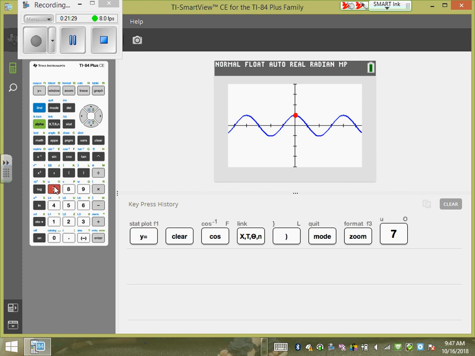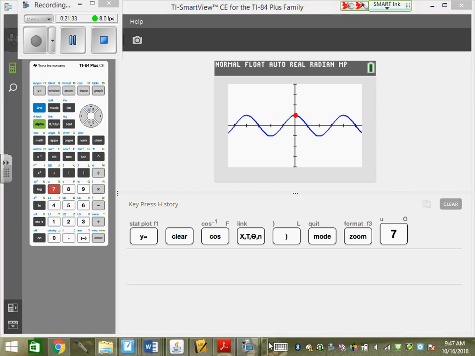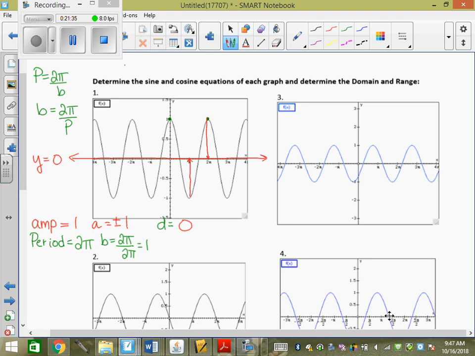So let's look at ours. Where is my maximum? It's on the y-axis. So for a greater than 0, my c value equals 0.